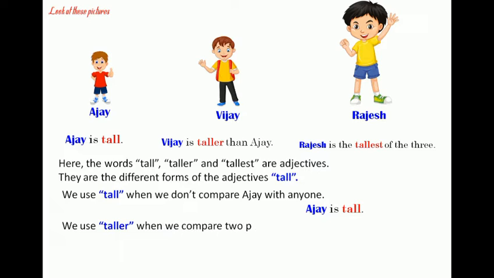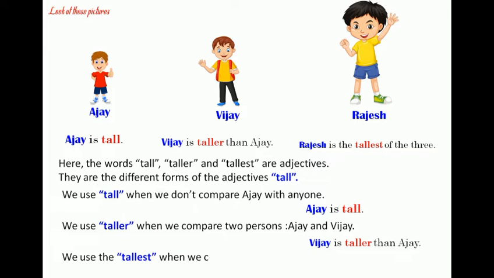We use taller when we compare two persons, Ajay and Vijay. Vijay is taller than Ajay. We use the tallest when we compare more than two persons. Example, Rajesh is the tallest of the three.